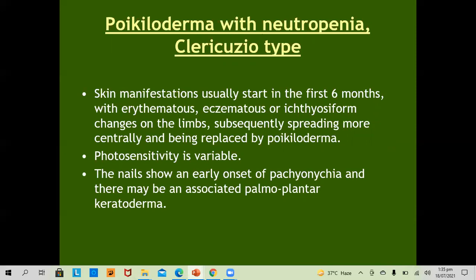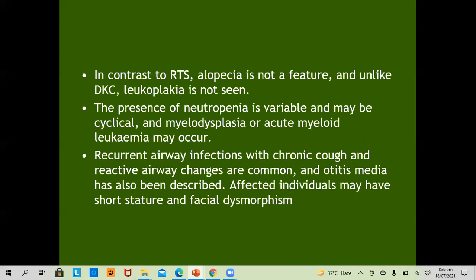Photosensitivity is variable. Nails show an early onset of pachyonychia, and there may be associated palmoplantar keratoderma. In contrast to Rothmund Thomson syndrome, alopecia is not a feature, and unlike Dyskeratosis congenita, leukoplakia is not a feature.